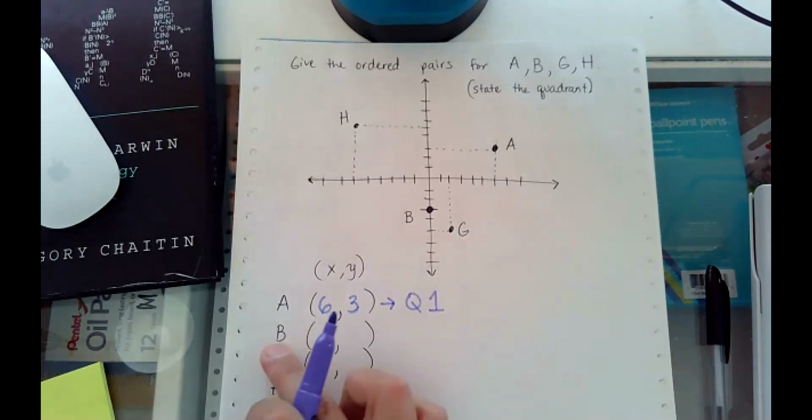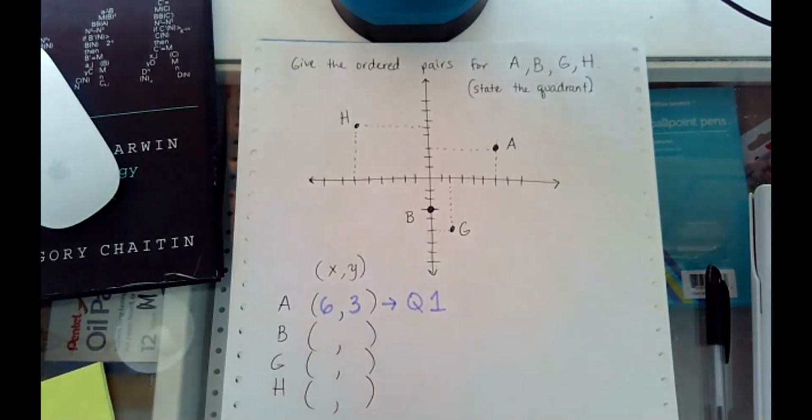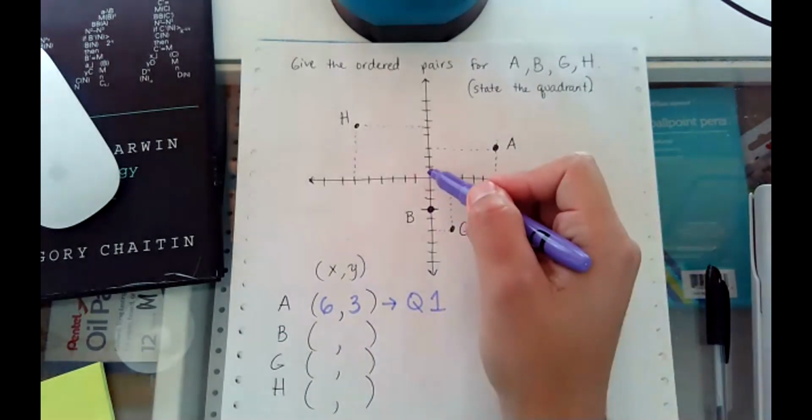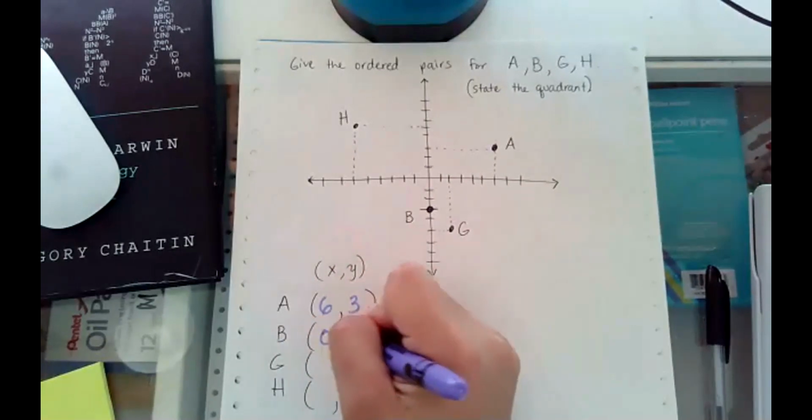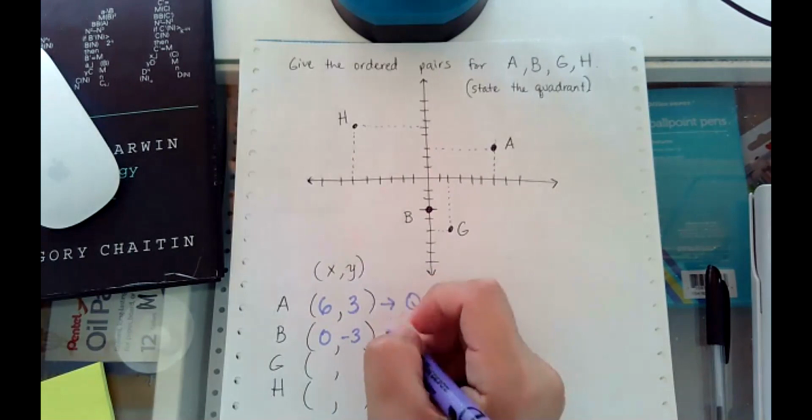Does anybody else want to give me something different this time? Give me the location of the point B. 0, negative 3. Yeah, 0, negative 3. Perfect. And what quadrant am I in? Well, actually, this one's not in a quadrant. It's really on the border of two quadrants, right? It's in the middle. That one's sort of a trick question.